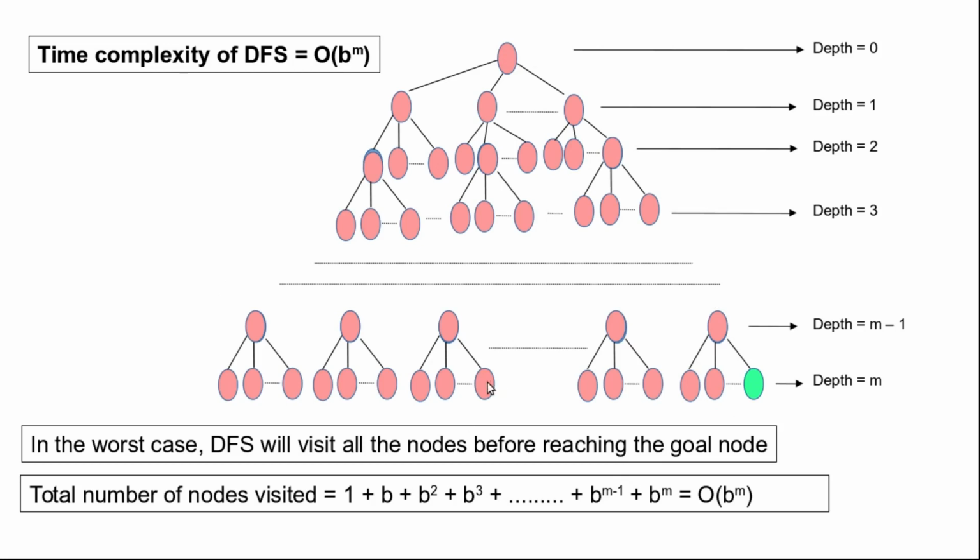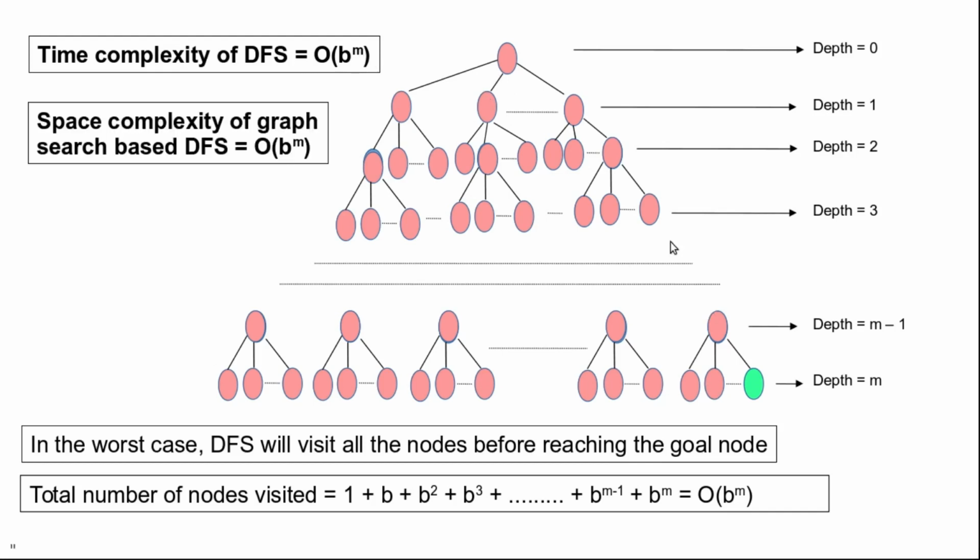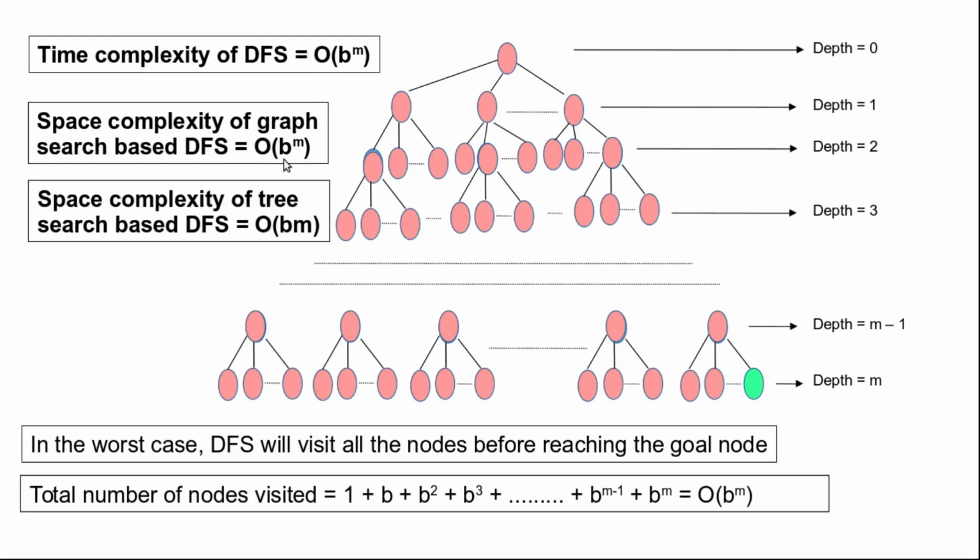So in case of graph search DFS, in the memory we would need to keep all these b to the power m nodes, and hence the space complexity of graph search based DFS would be big O of b to the power m. It's only that the space complexity of tree search based DFS is big O of b into m, as we have seen a few slides before.